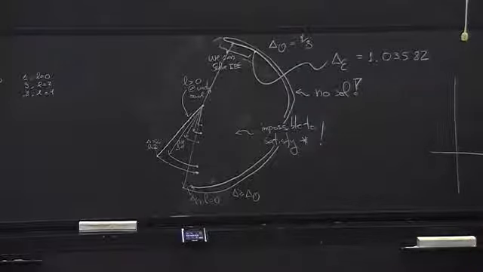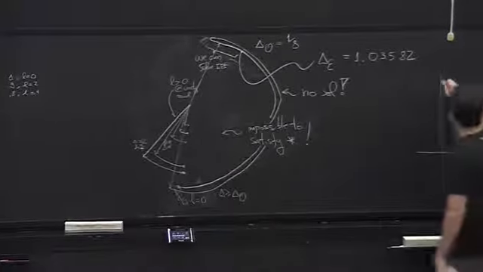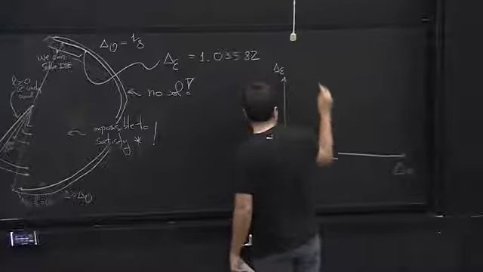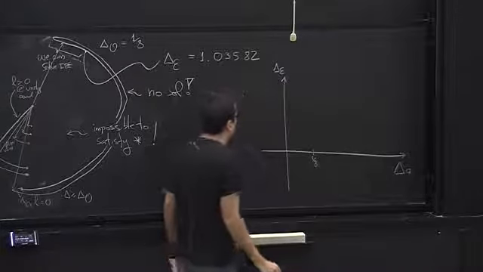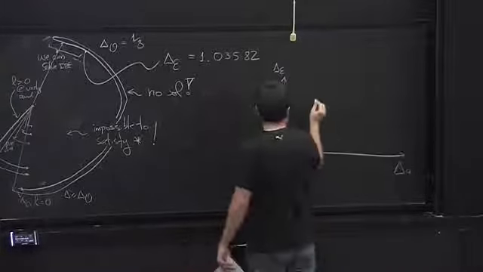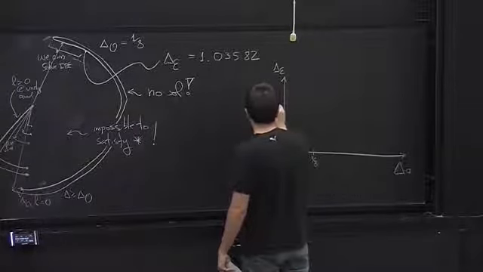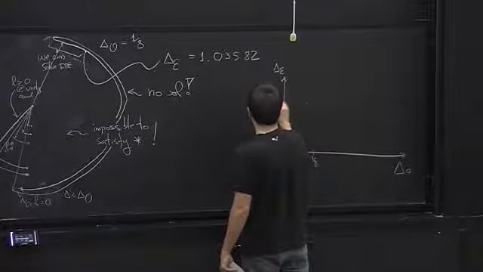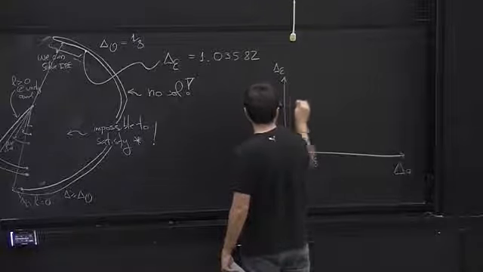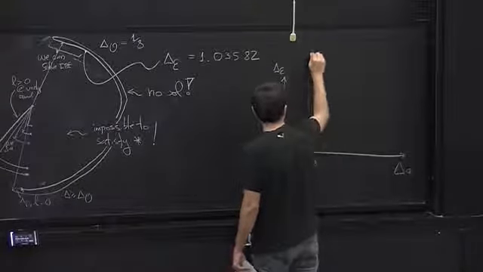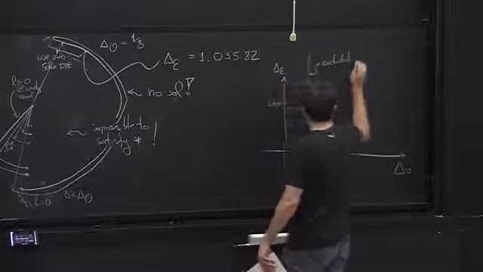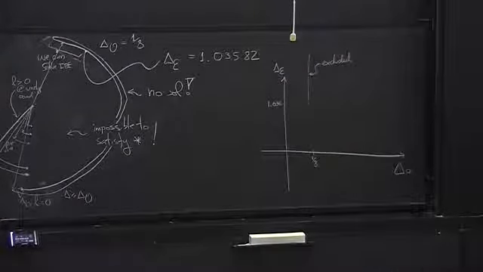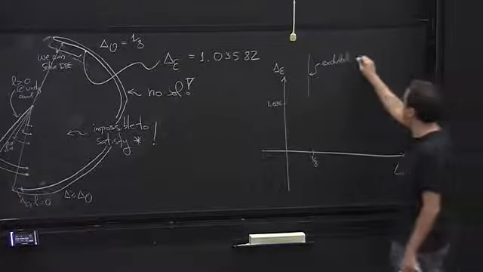We conclude that if we have here delta of operator sigma, and here delta of operator epsilon, and if we say we have here 1/8, we conclude that if epsilon is above 1.036, if it is above here, all this line is excluded. There is no such CFT. For sure, there is no CFT here.